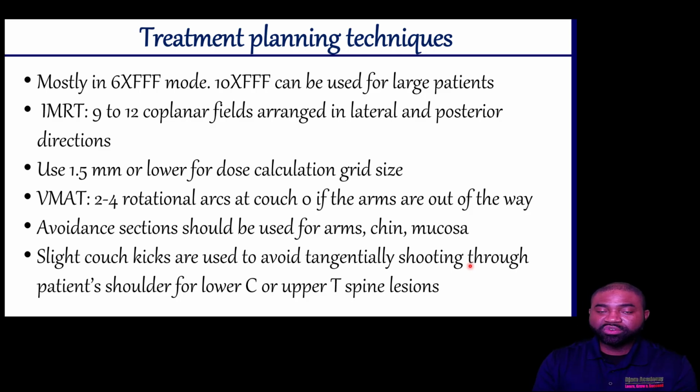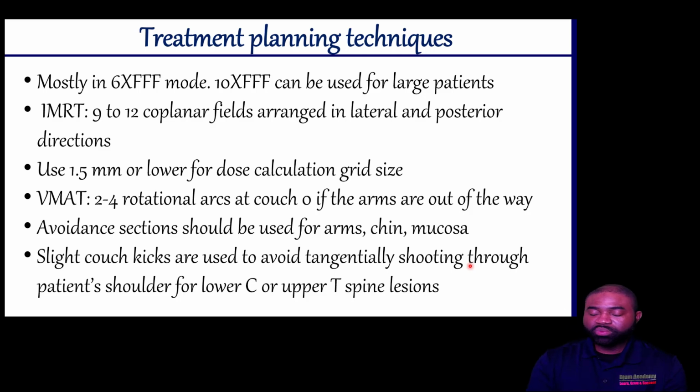But the downside of using a smaller grid size is the increase in computational time. And so the beam arrangement, like I said, depends on the target shape and the position of the target with respect to the spinal cord.